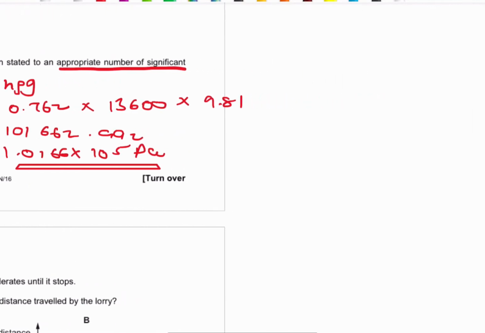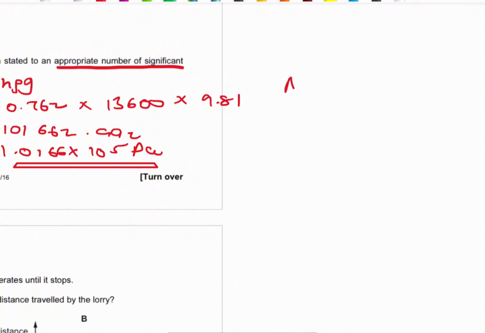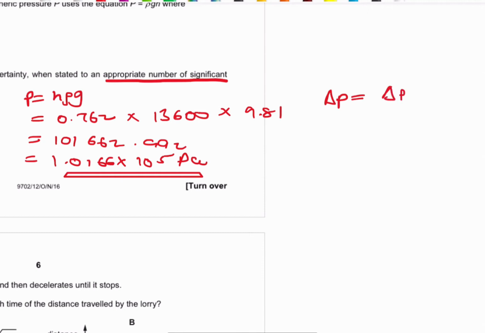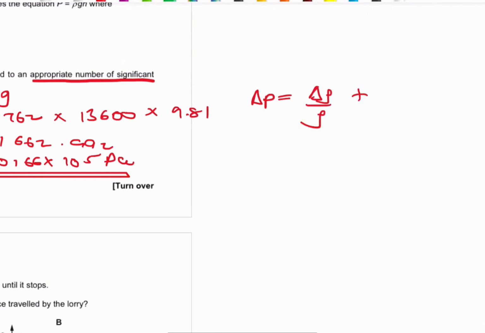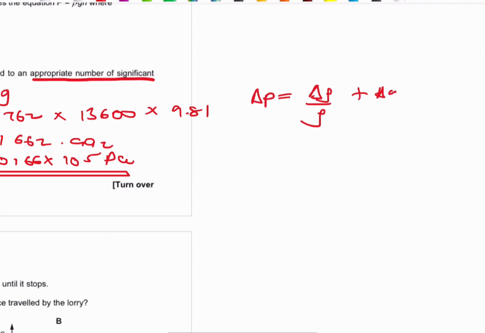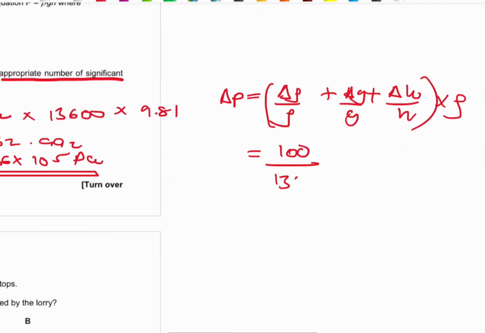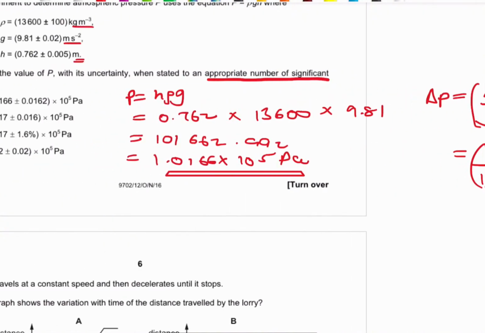The uncertainty would therefore be, okay, get this, delta P, which would be equivalent to delta rho over rho, plus delta g over g, plus delta h over h, multiplied by the value of P. So basically you're going to say, okay, 100 divided by 13,600, plus the value of g, 0.02 divided by 9.81, plus the value of h, right?